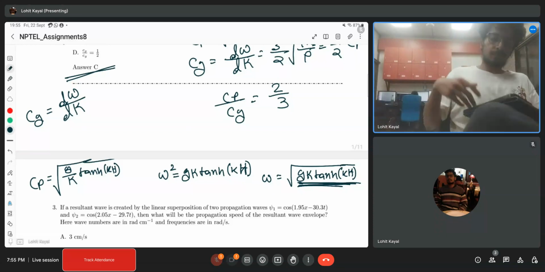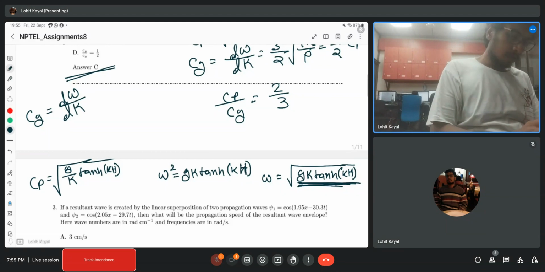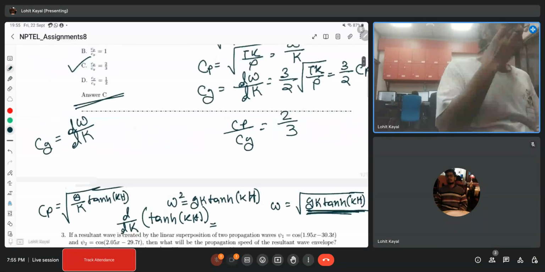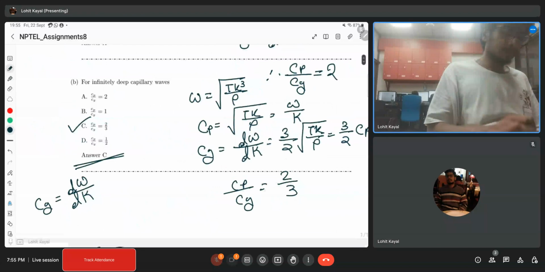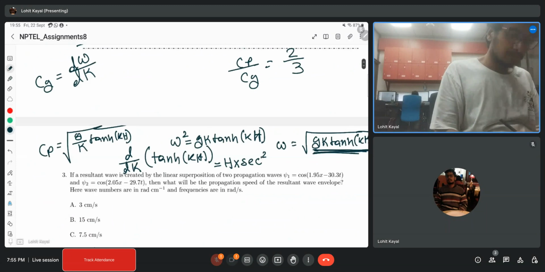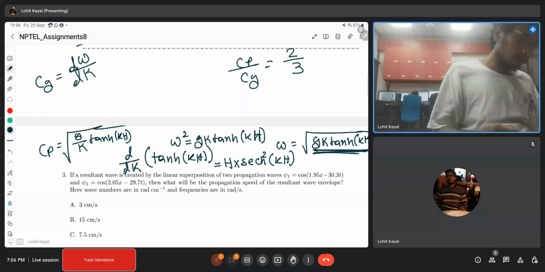So d by dk of tanh kh is equal to h sech square kh. So this will be a formula.